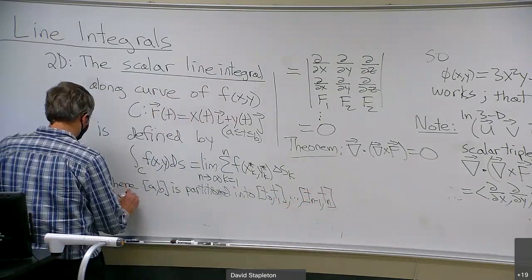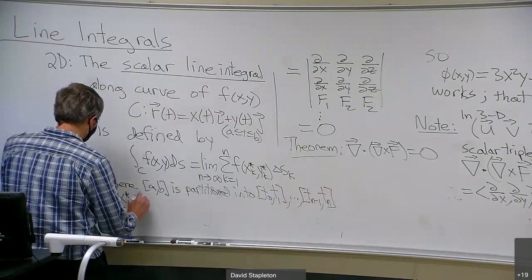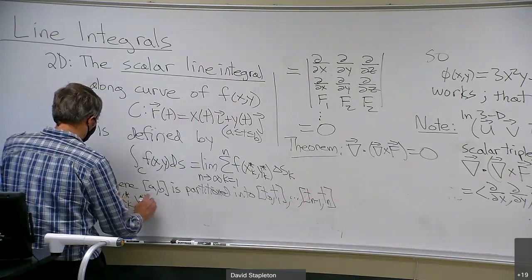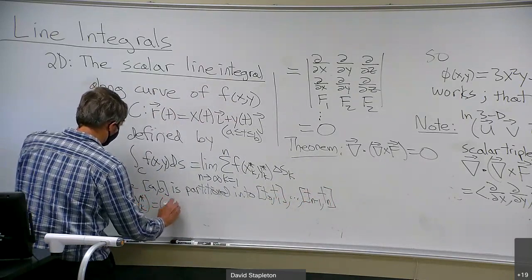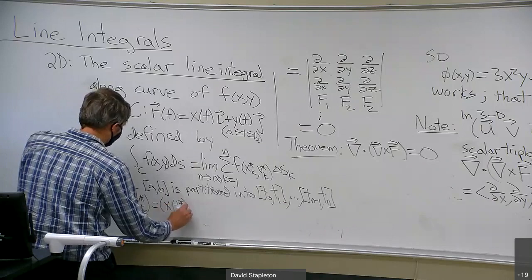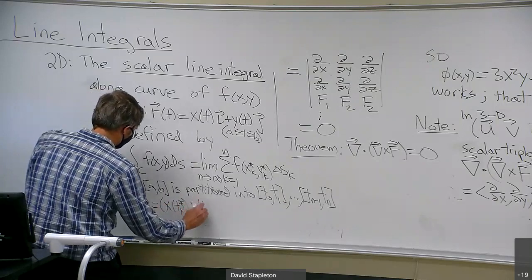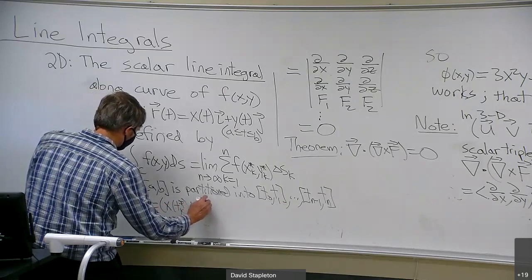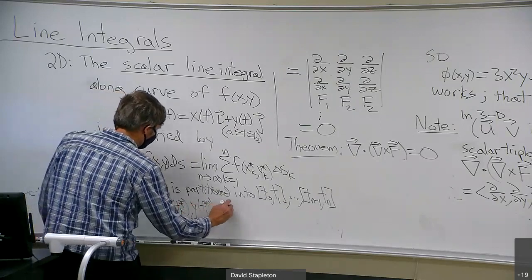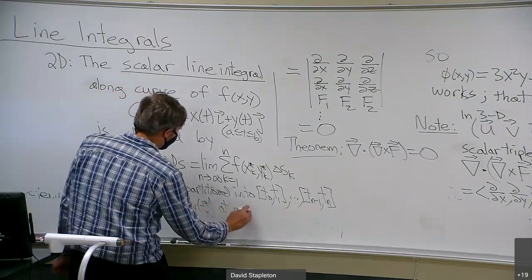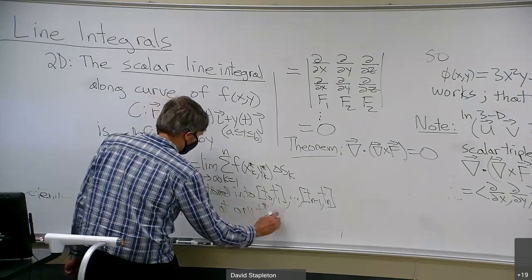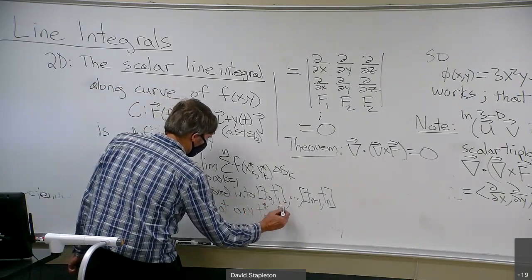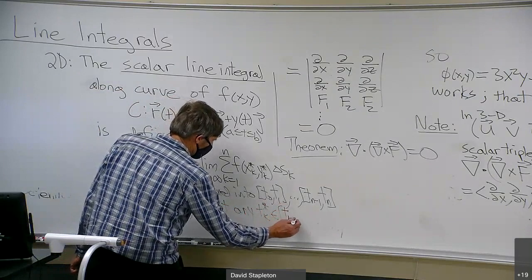Star yk star is any point in the kth subinterval, x of tk star, y of tk star, at any tk star in the kth interval tk minus 1 to tk.